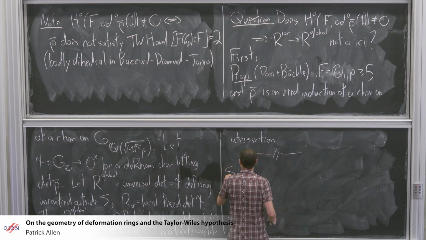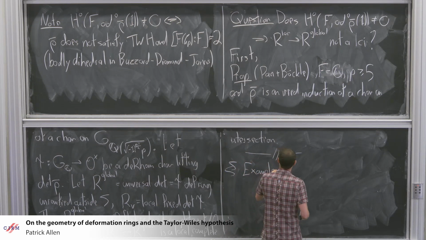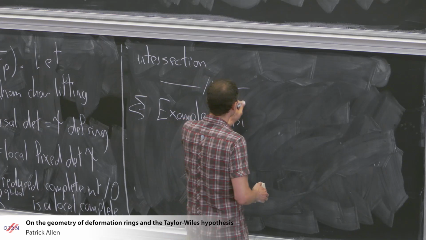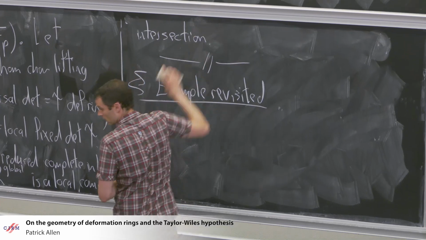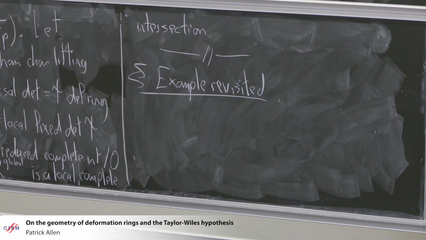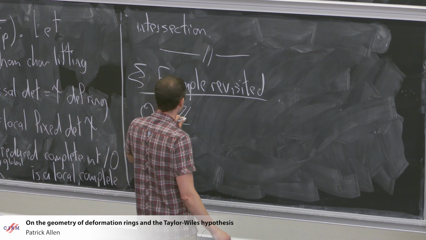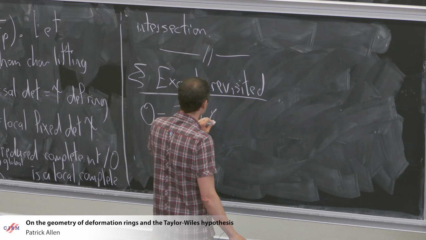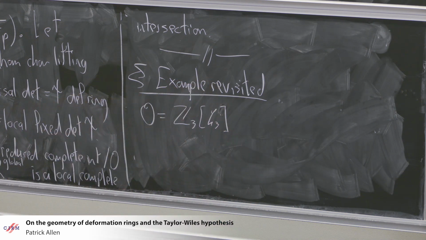Okay, so example revisited. Let me recall the notation I had before. Remember O is Z_3 adjoin zeta_3, a cube root of unity.